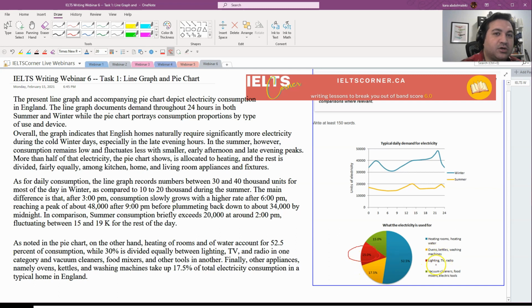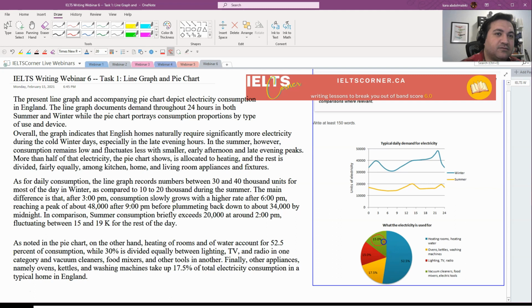Okay, and because these three are together, I have to say lighting, TV, and radio in one category, and vacuum cleaners, food mixers, and other tools in another. So that would be the green one. Vacuum cleaners, mixers, and electric tools. Instead of electric tools, I said other tools, just to be a little bit different.